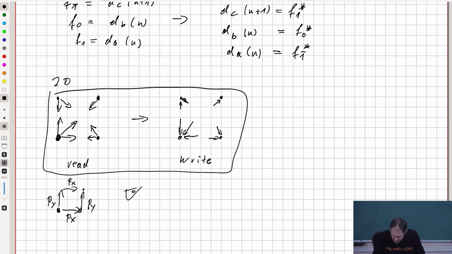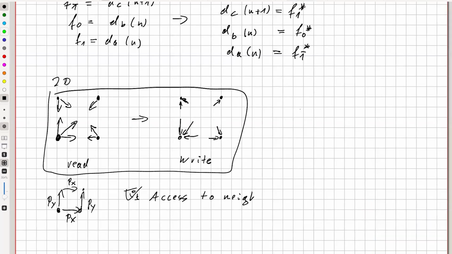So, as I said here, just writing a few sentences down. Access to neighbor only required in positive direction.